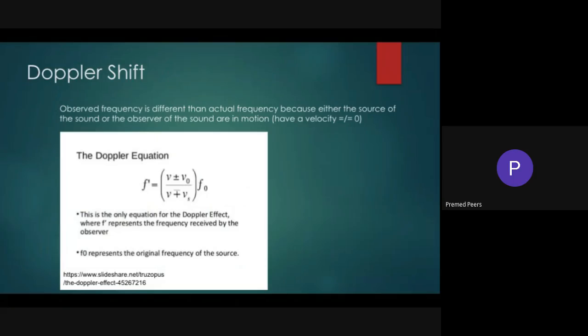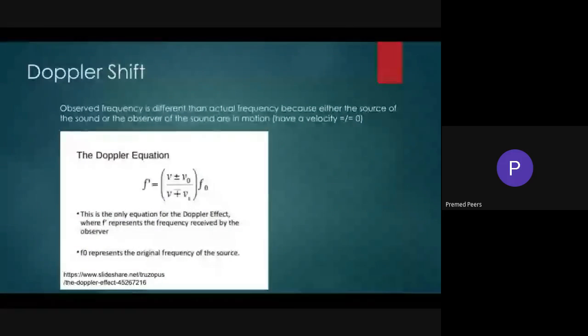Okay, I believe this is the last slide. The last concept that we have is the Doppler shift. So this phenomenon describes how your observed frequency is different than the actual frequency when either the source of the sound or the observer are in motion. So the most common example is an ambulance.